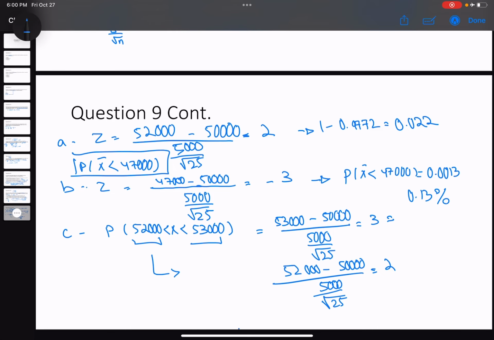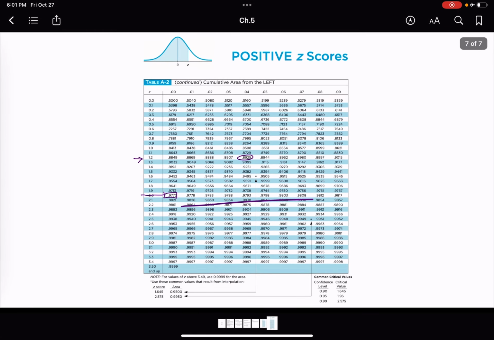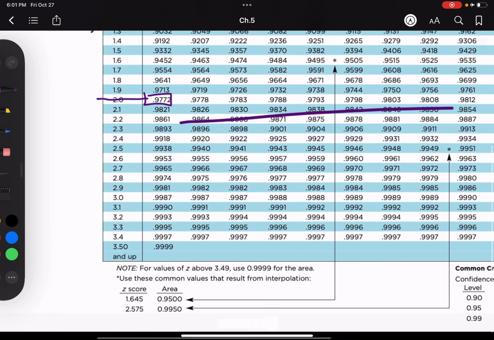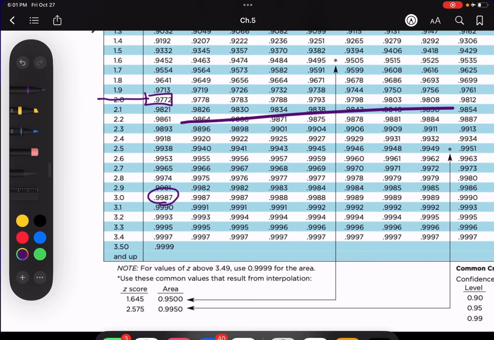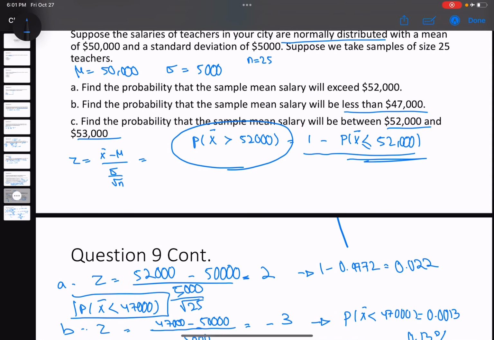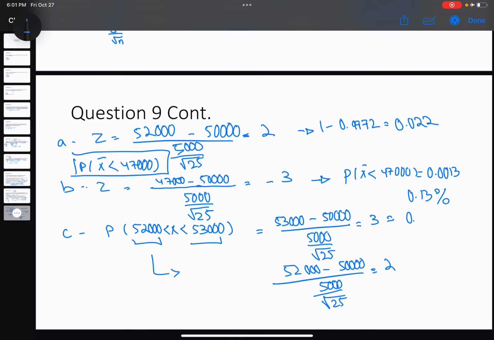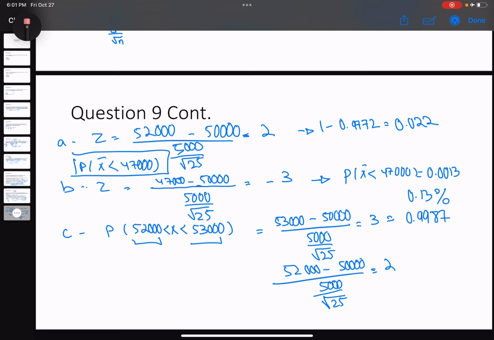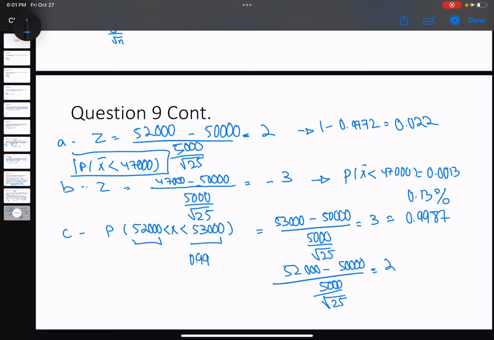The z value for z score 3, we will use the positive z score table here. It is 0.9987.